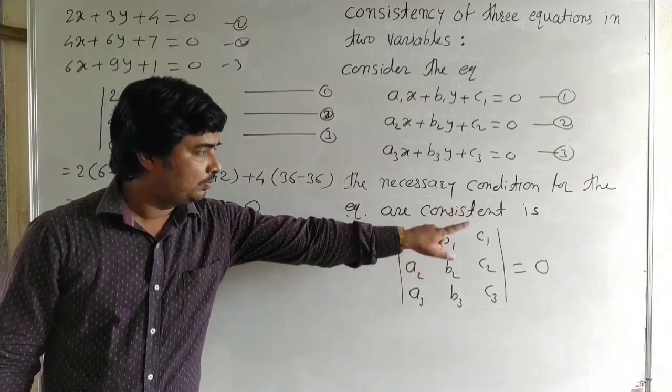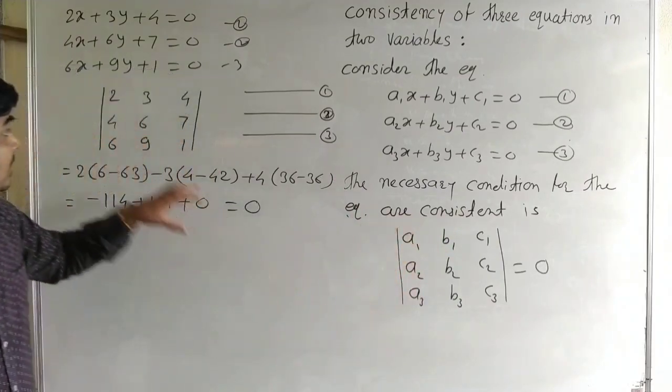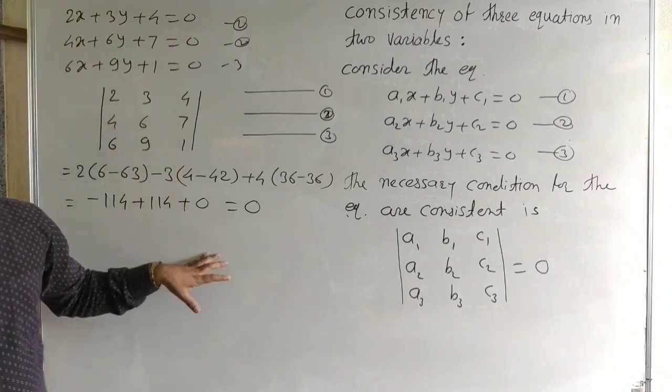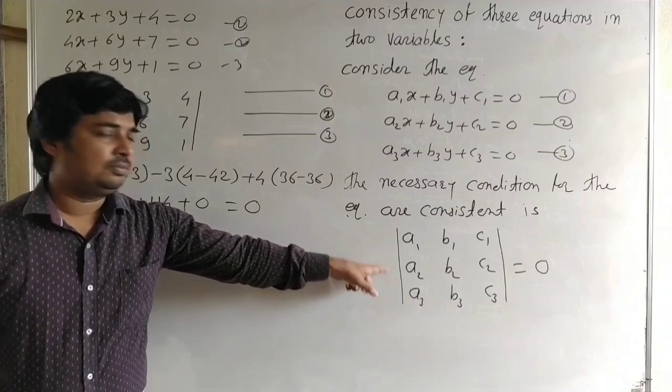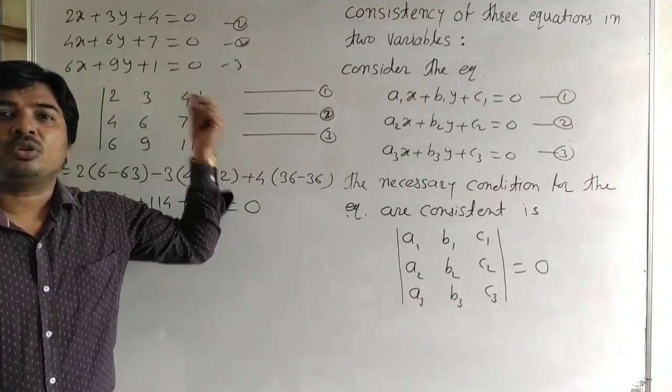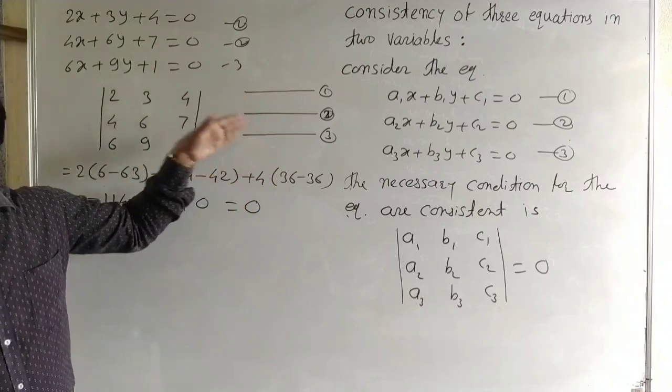It is the A1, B1, C1 determinant. Here, in this case, the value of this determinant is also 0. But by this condition, the lines are consistent, but the lines are parallel. So lines are not consistent because they have no common solution.